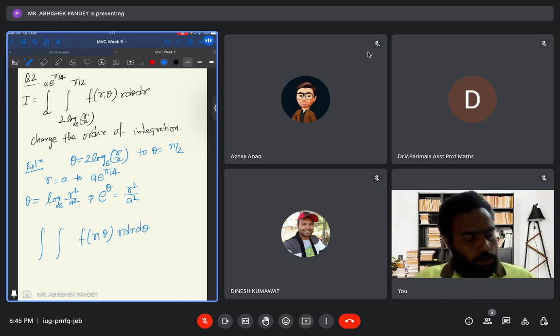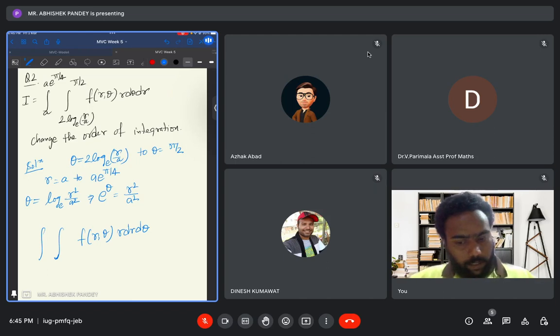Here we need to put the limit of r with respect to theta, and here the limit of theta.